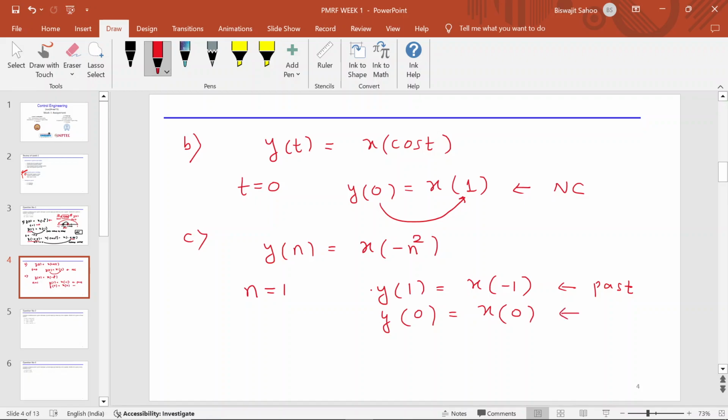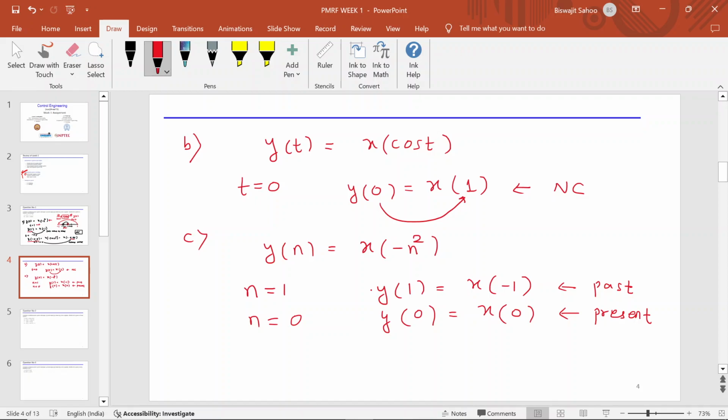It means again it depends on the present value. Now, who is telling that it is non-causal? Can you confirm for what value you are getting a future input? This is for n equal to 0.